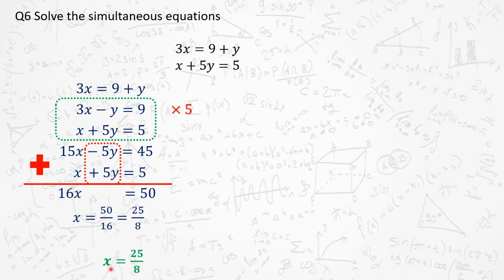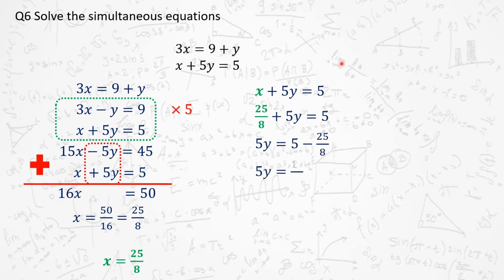Then I need to substitute my x value back into one of those equations on the top. So I picked x plus 5y equals 5, the bottom equation this time. To substitute the value of x, I have x plus 5y equals 5. x was 25 over 8. Then I need to take away 25 over 8 both sides. Then I have 5y equals 15 over 8.